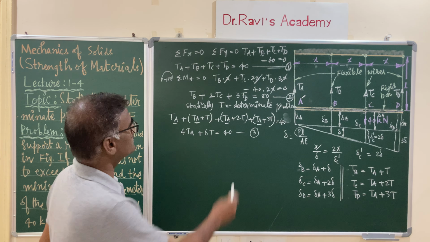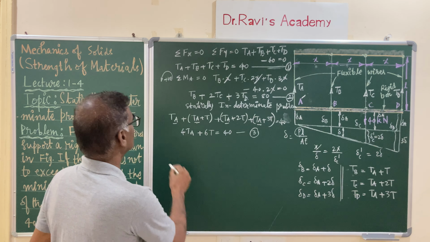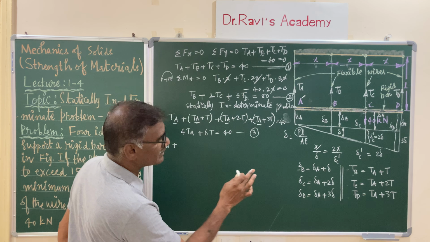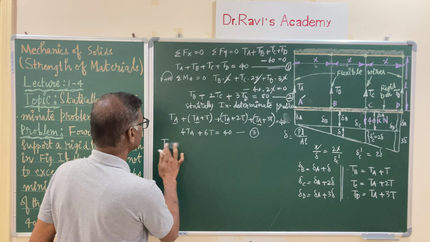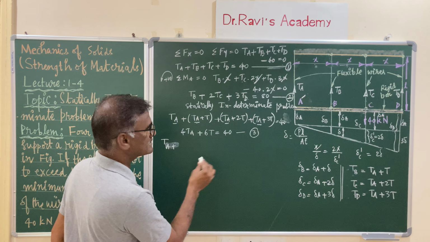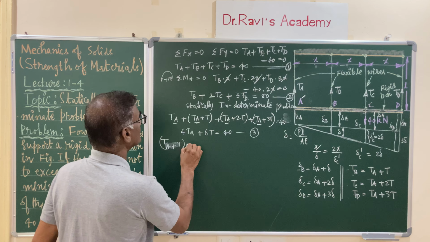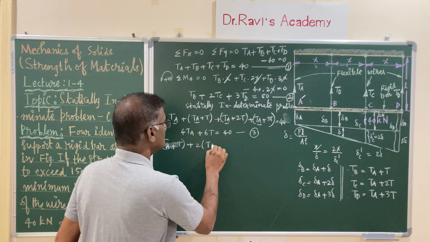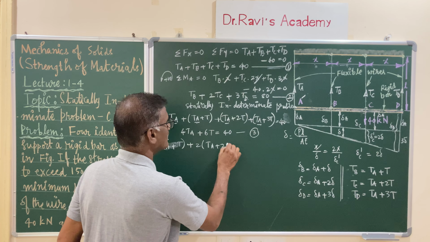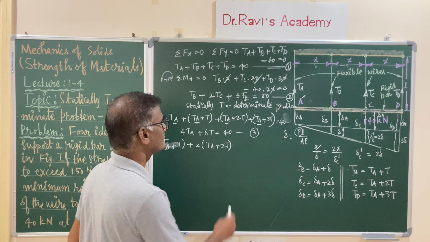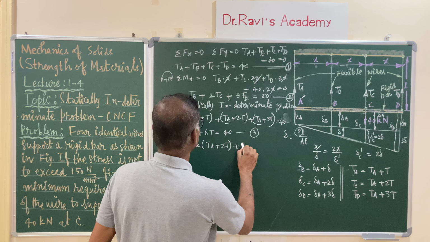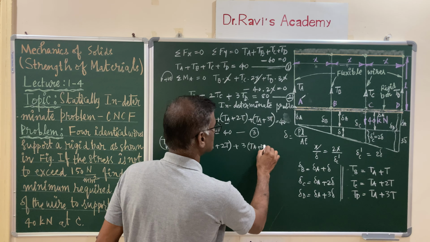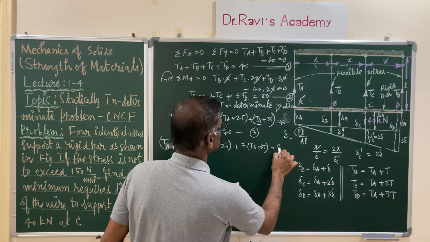Now substitute in equation 2. You will have TB as TA plus T, plus 2 into TC, where TC is TA plus 2T, and 3 into TD, where TD is TA plus 3T, equal to 80.